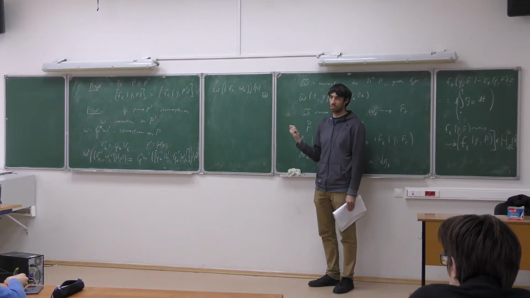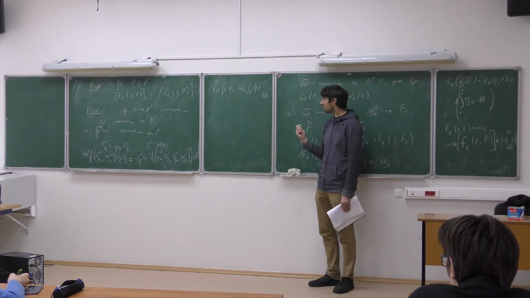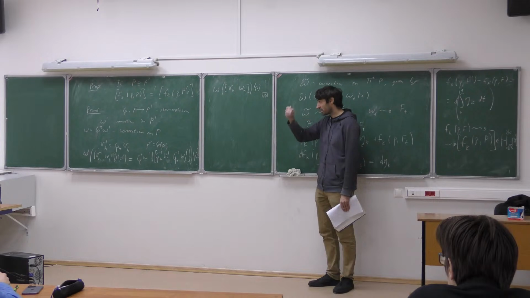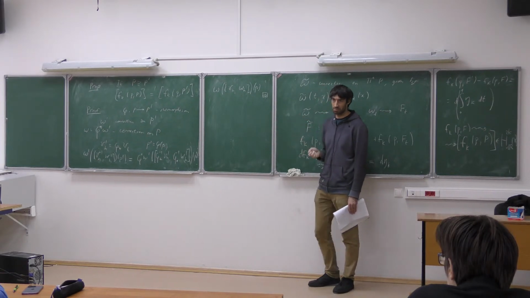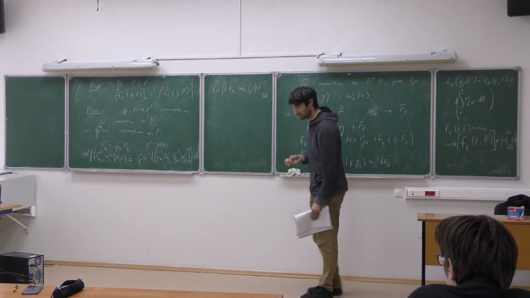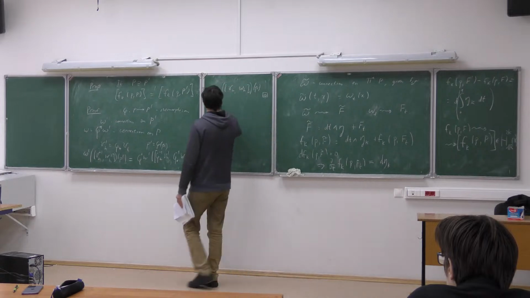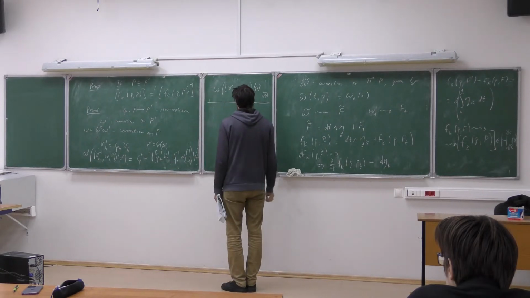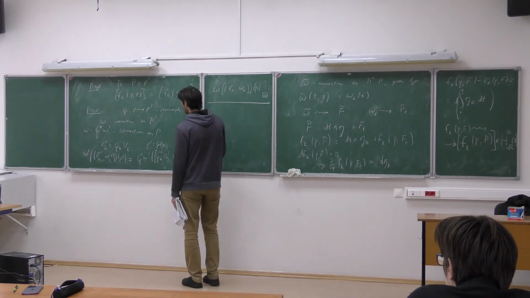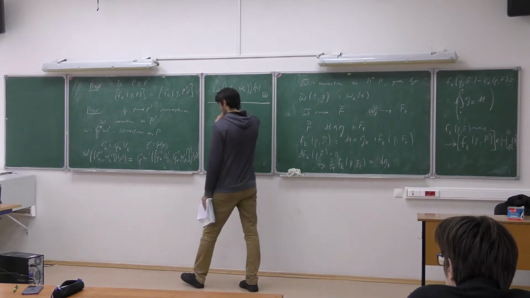Usually people define all these classes not using curvatures, but rather some other constructions that I don't have time to go through. But at least let me spell out some names for some particular cases.